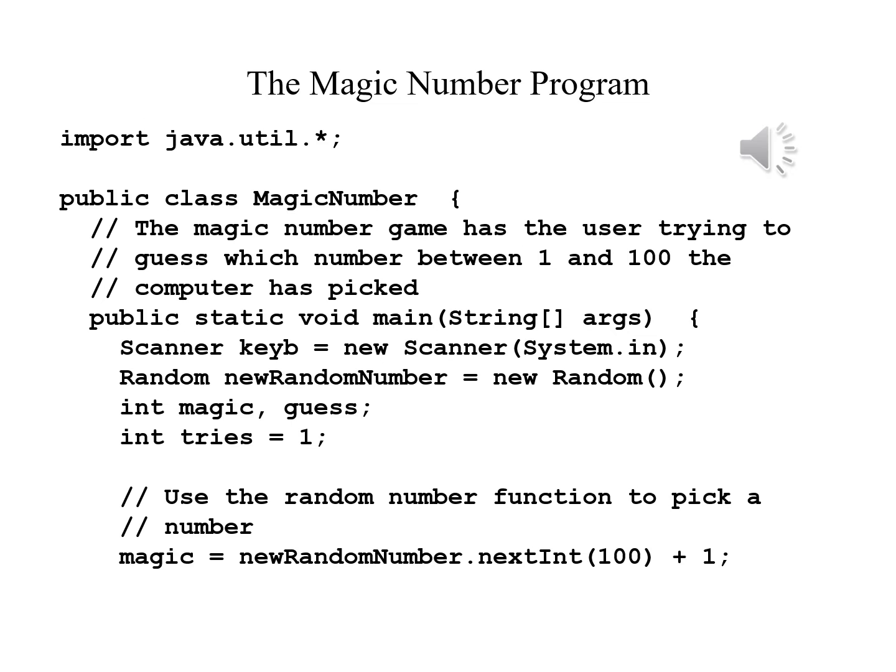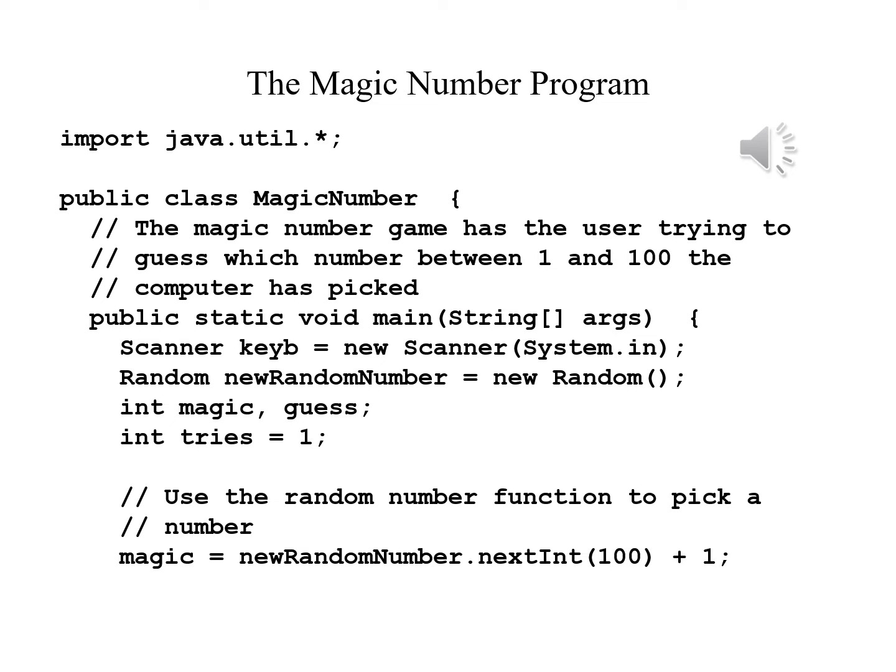We begin the program as we saw before with import java.util.*. This means that we will have the classes available to us for both the Scanner and for our new random number. We have the header for the class, public class MagicNumber, and then an open brace. And we begin the program with a comment.